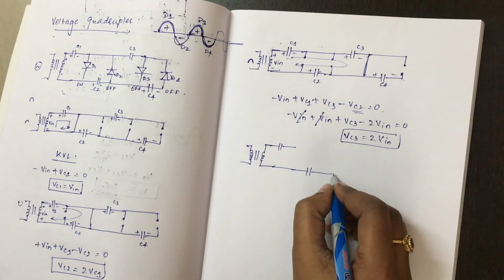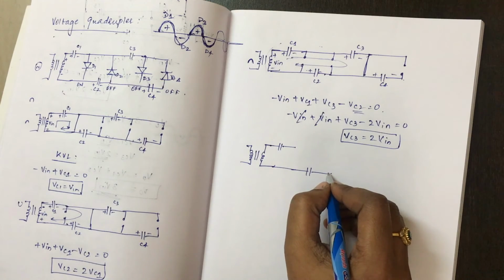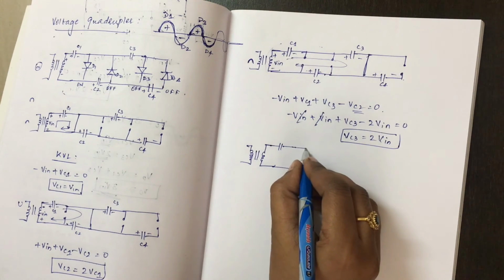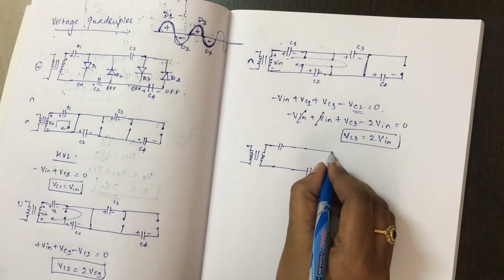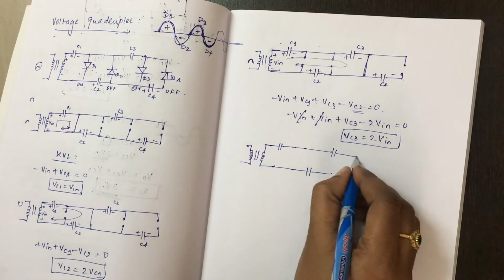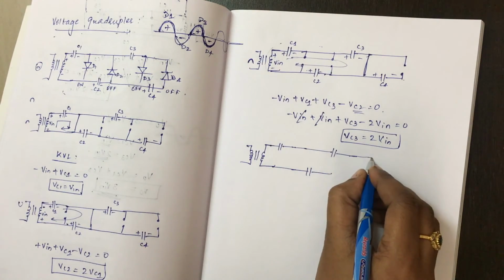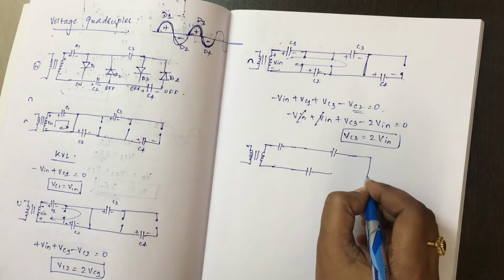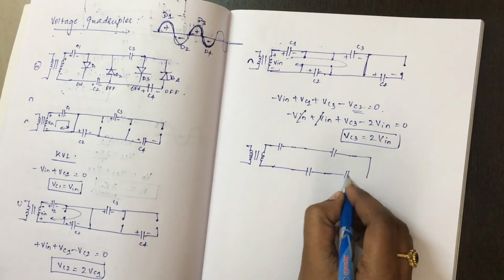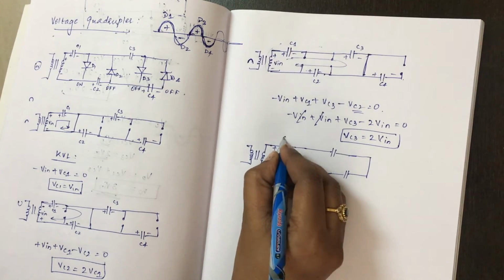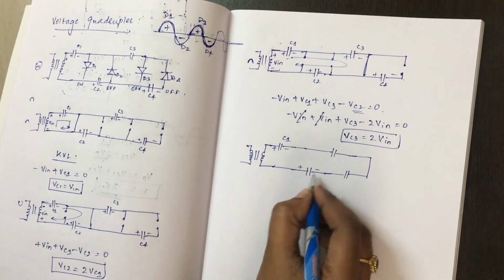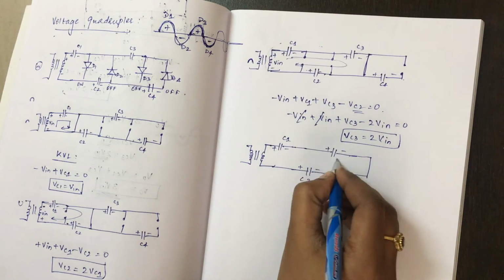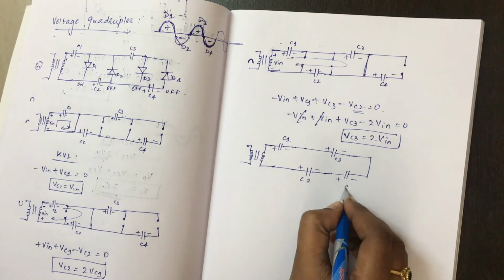Capacitor, again diode D3, you don't have to draw it. Then only D4 will turn on, so that alone you can mark as a closed circuit. So here plus to minus C1, plus to minus C2, plus to minus C3, plus to minus C4.